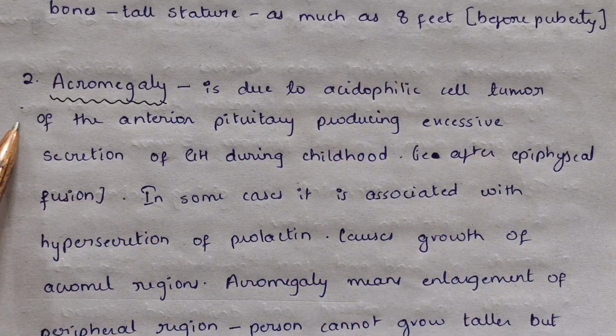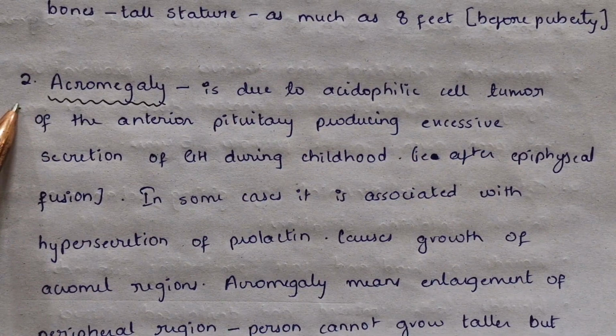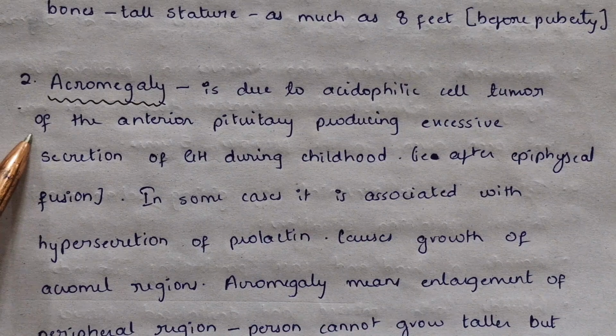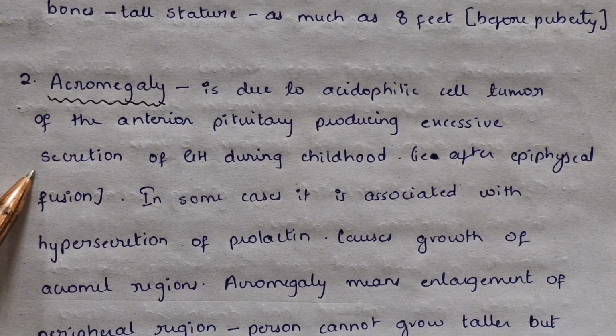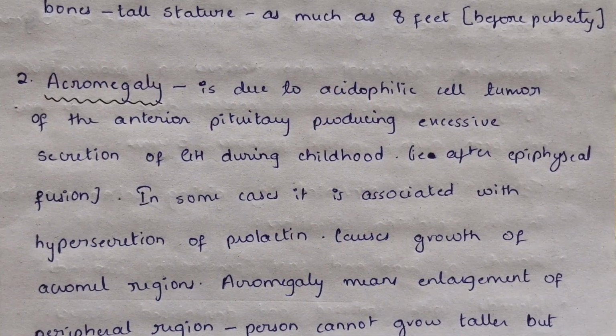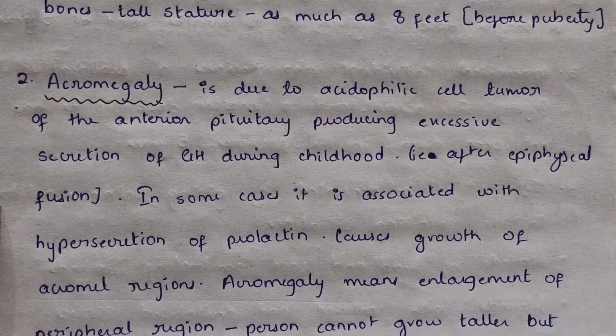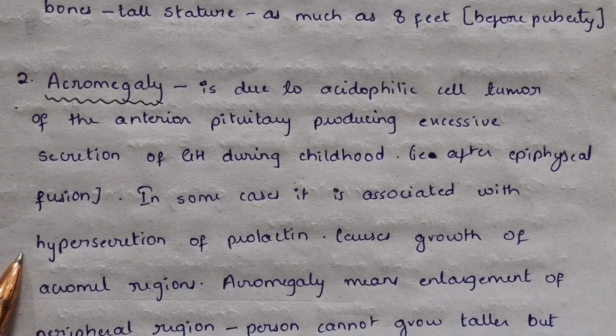The second one is acromegaly. It occurs due to an acidophilic cell tumor of the anterior pituitary gland producing excessive secretion of growth hormone during adulthood, that is, after epiphyseal fusion. In some cases, it is associated with hypersecretion of prolactin.